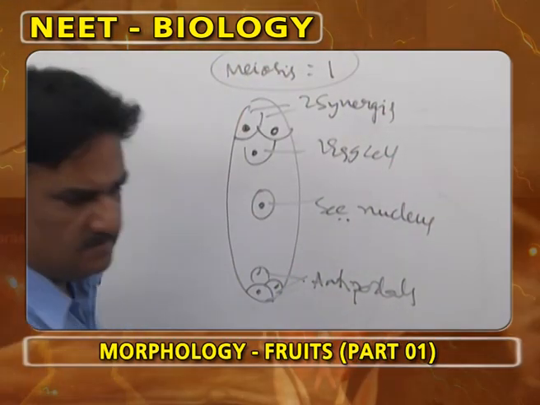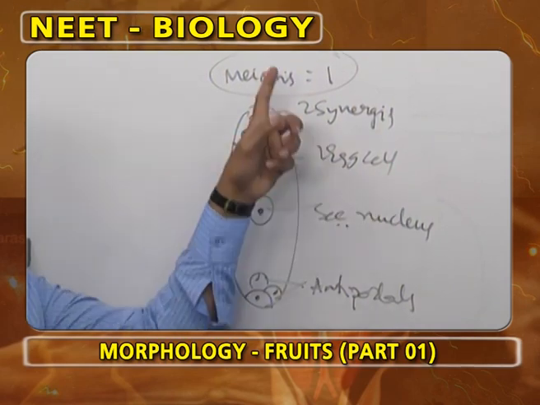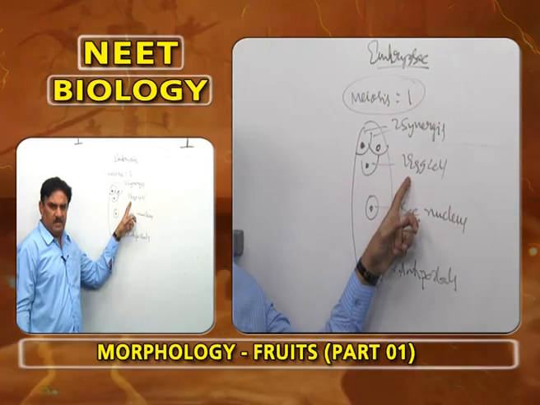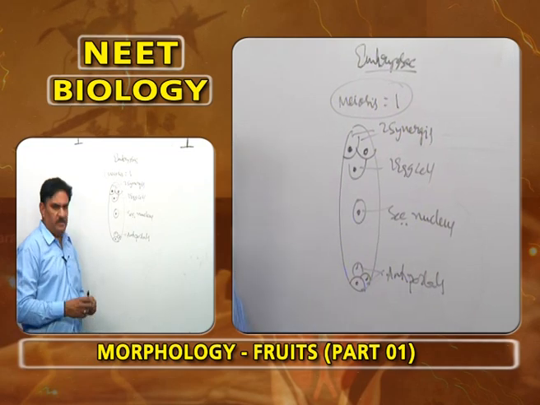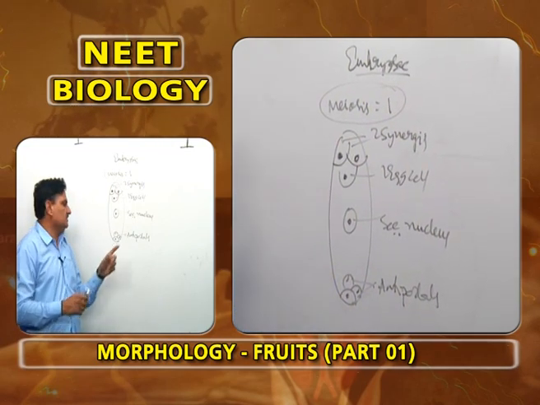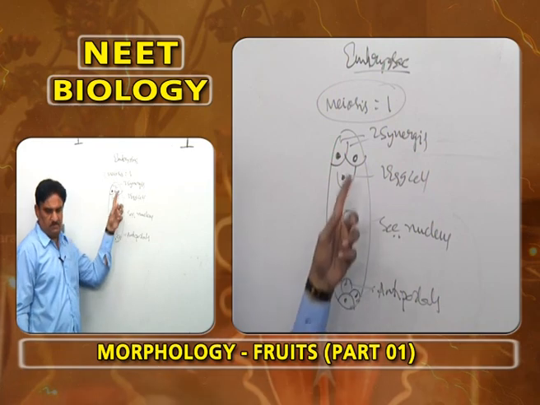This you have to remember. For producing two synergids, 1 meiosis. For producing one egg cell, 1 meiosis. For producing one secondary nucleus, 1 meiosis. For producing 3 antipodals, 1 meiosis.